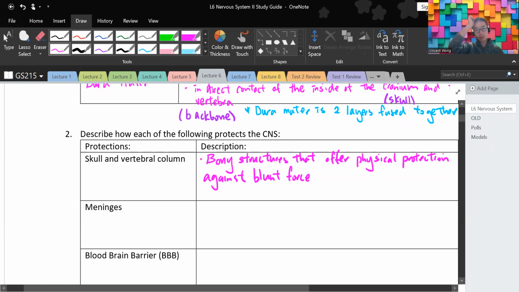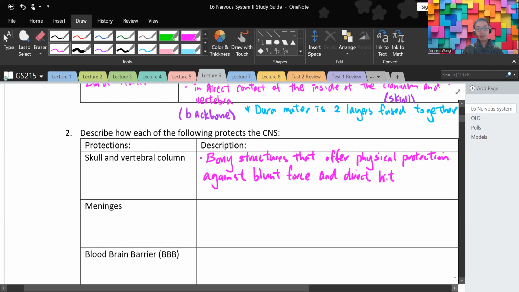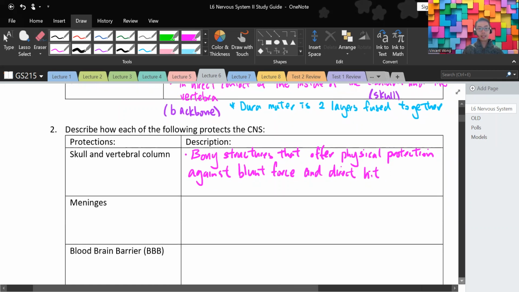So if you bump your head against something hard, that's blunt force. If you get hit by something, that's blunt force, and direct hits. That's basically it.